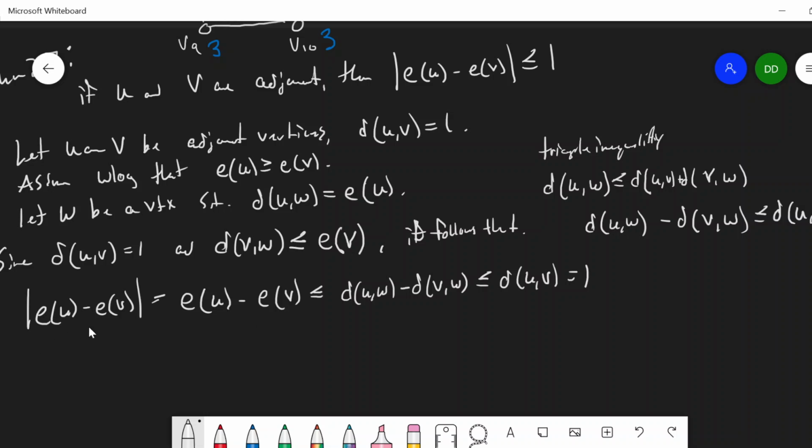So the difference between the eccentricity of U and the eccentricity of V is at most 1. And that's the proof of that theorem. It just uses the triangle inequality, which is really handy with distances.